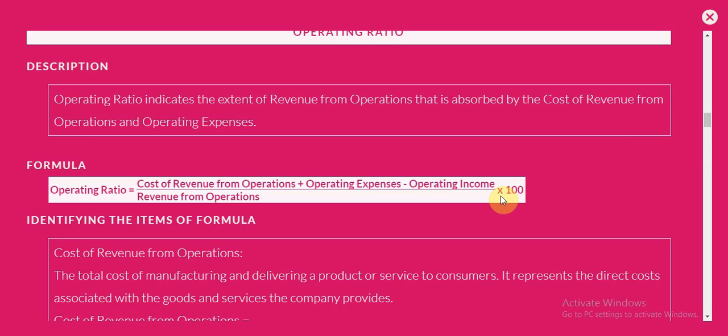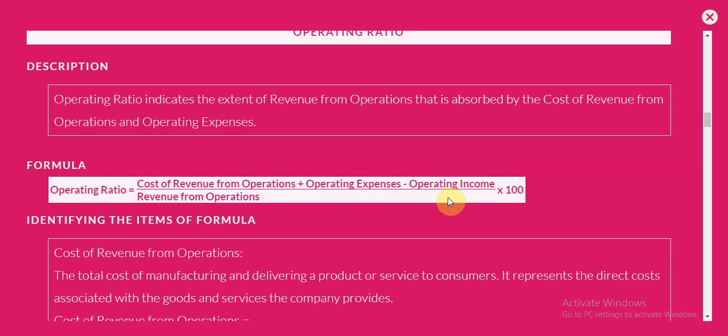Why do we subtract operating income? Because say for example, friends, if we are producing something and we receive a byproduct from the production of that particular finished good. So what do we do with the byproduct? Naturally, we will sell the byproduct. So what is that income? It is income from byproduct. So that income is an operating income.